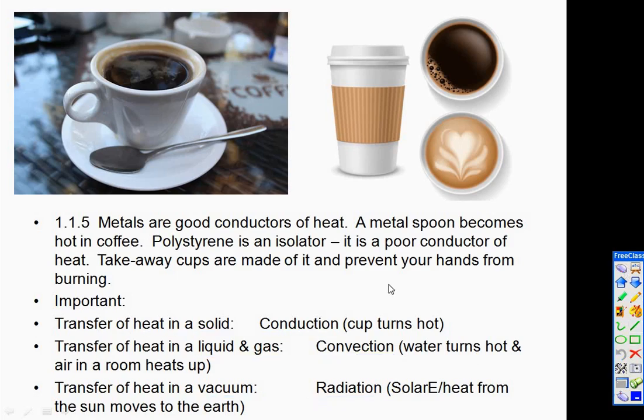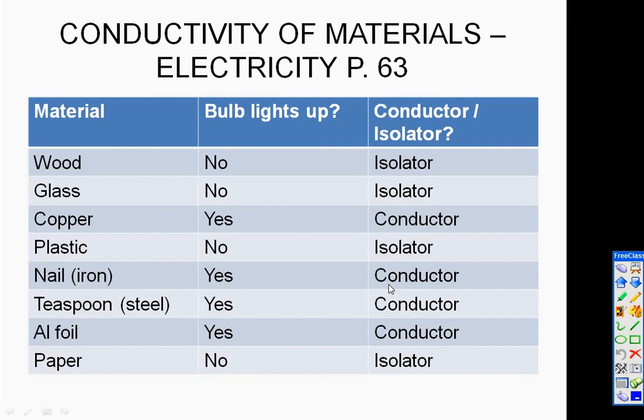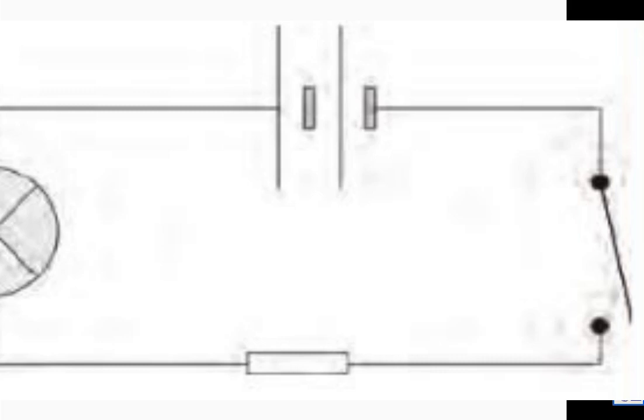So if I go to the next slide, you will see here that we have done an experiment on page 63. What we did is we took an electrical circuit, and we left an opening inside of the circuit, and we connected all the other parts of the circuit.